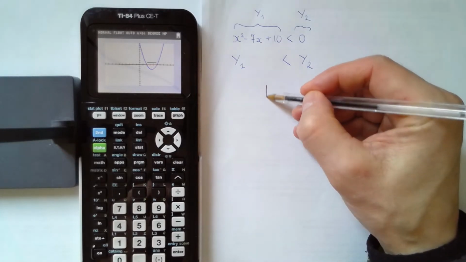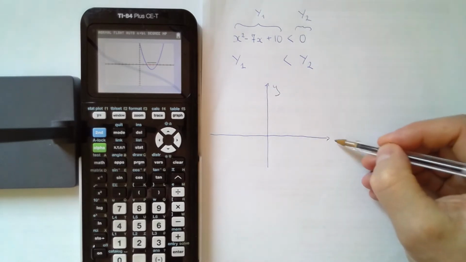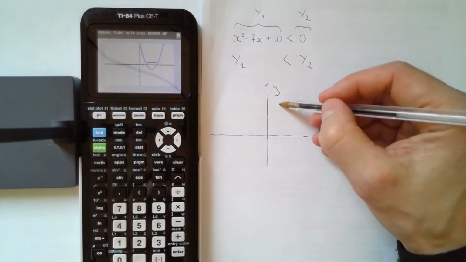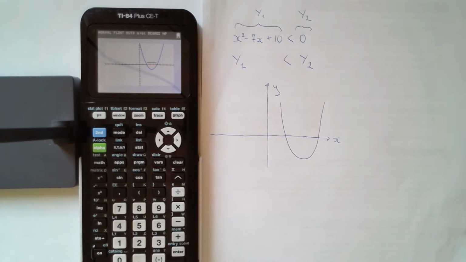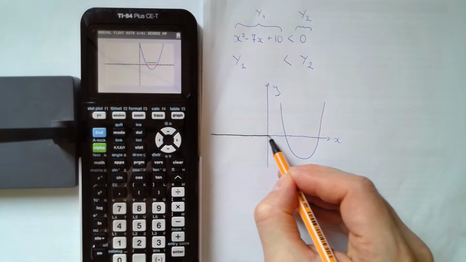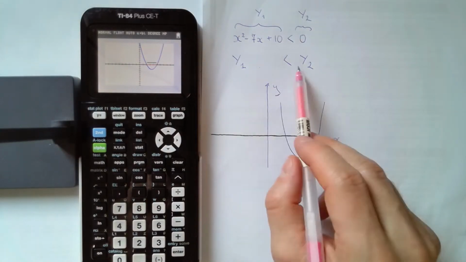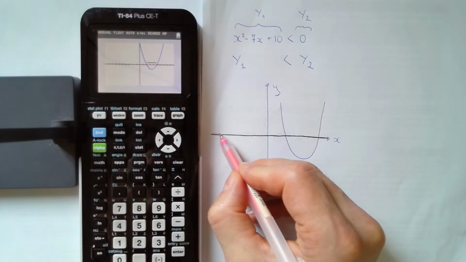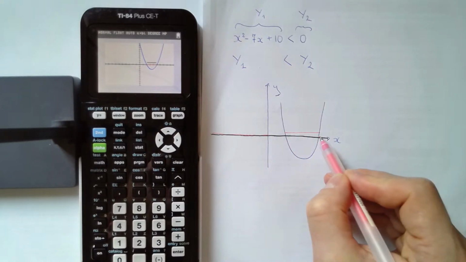So what we get on a calculator is this. We get our axes, y and x. We get our parabola. Then we have got our y equal to 0 line there, and finally our logical expression here, and above here and there.